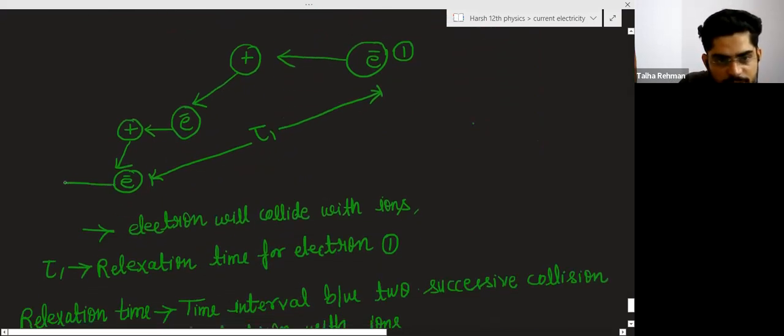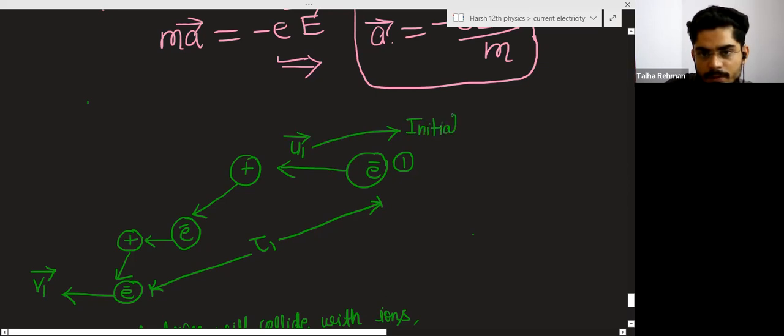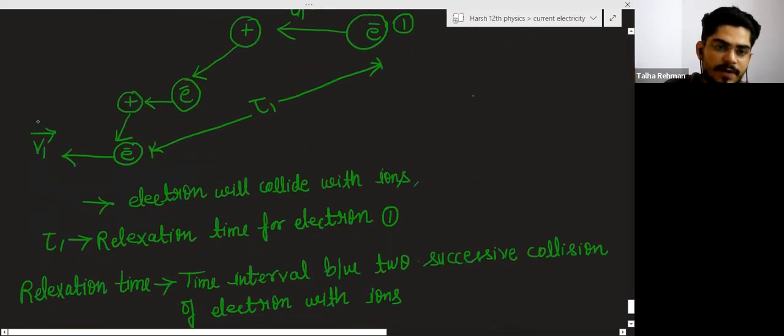This electron will have some final velocity in this direction. Initially, in the initial condition, it has velocity u1. We have discussed this is the initial velocity of the electron, and this is the final velocity of the first electron.